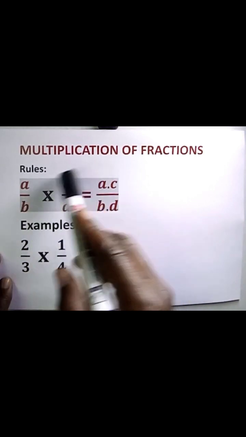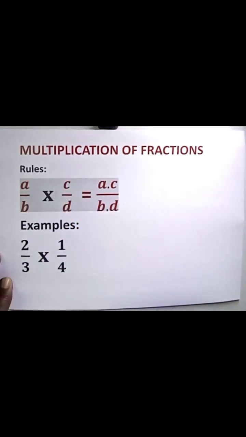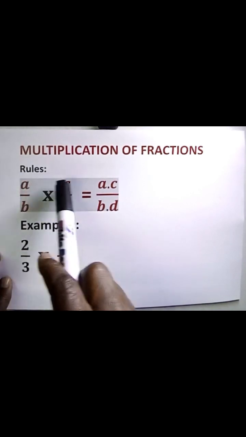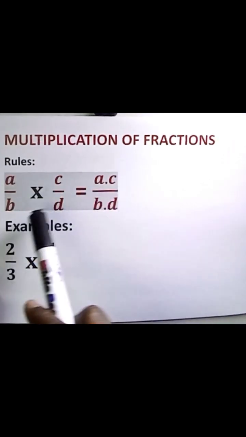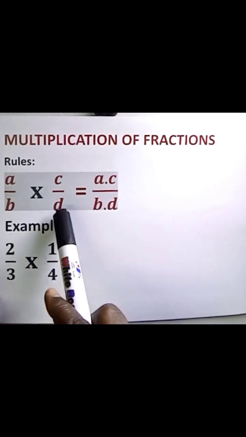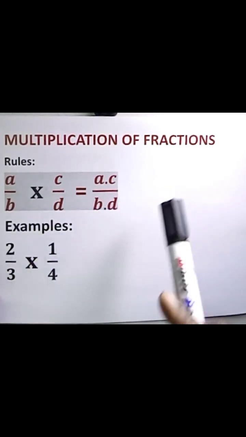Now we are multiplying these two fractions, as you can see, the multiplication sign. The simple way to carry out this operation is you multiply a and c to form the new numerator, and then you multiply b and d to form the new denominator.